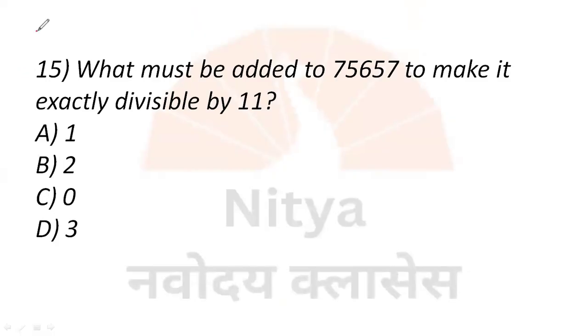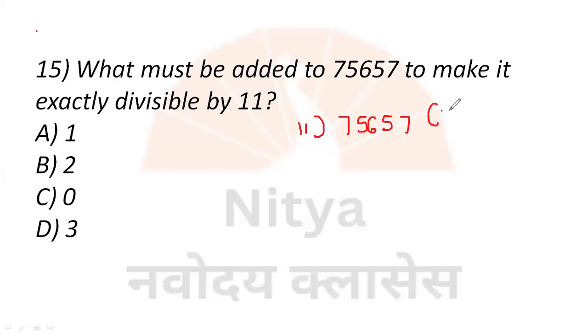What must be added to 75657 to make it exactly divisible by 11? There are two methods to find this. The first one is we have to divide this number, 7, 5, 6, 5, 7, by 11.